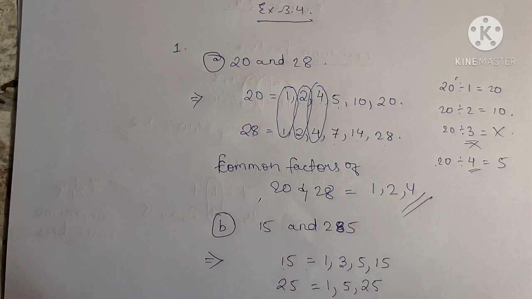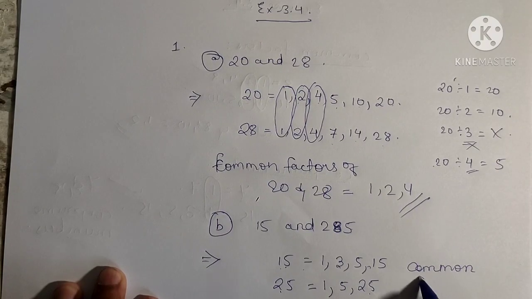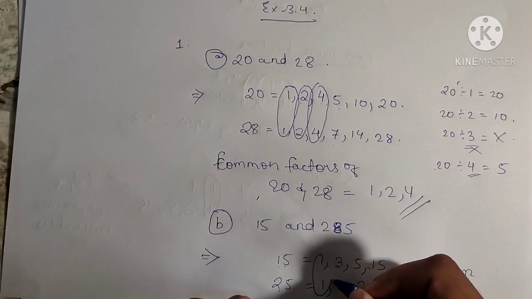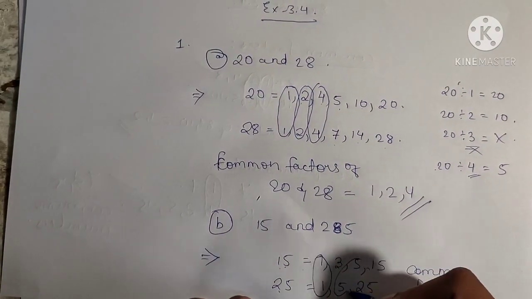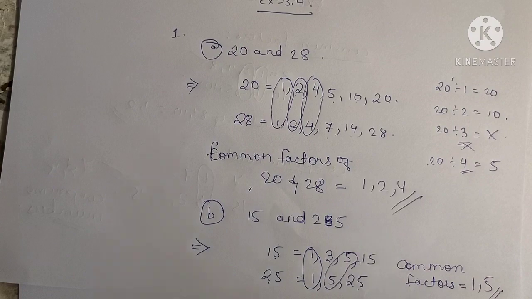So these are the factors of 15 and these are the factors of 25. Now we have to find the common factors between them. Can anyone tell me the common factors? Yes, 1 is a common factor. Next is 5. So only 1 and 5 are the common factors of 15 and 25. So this is the answer.